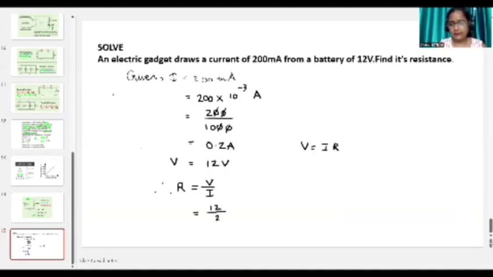Okay. Or we can write 2 by 10. So which is equal to 12 into 10 by 2. So what do we get? We get 60. Okay. Now you can write a unit. What is the unit of resistance? It is ohm. Okay.